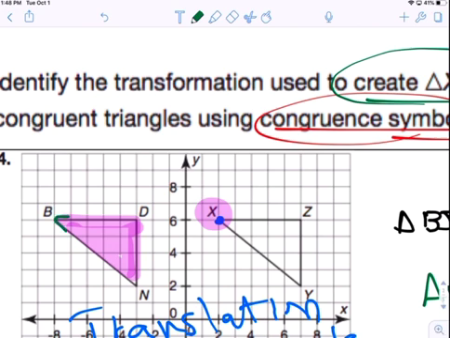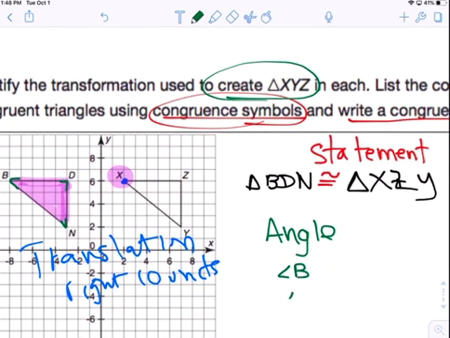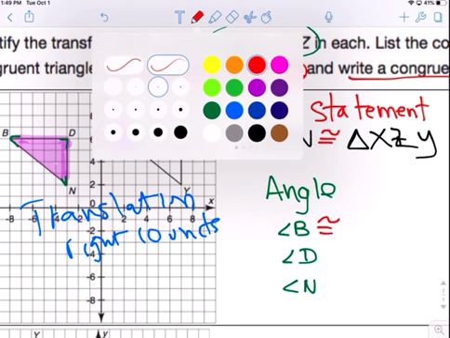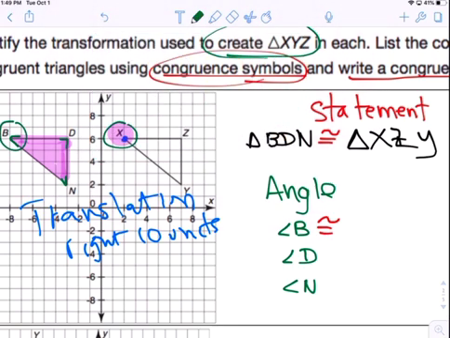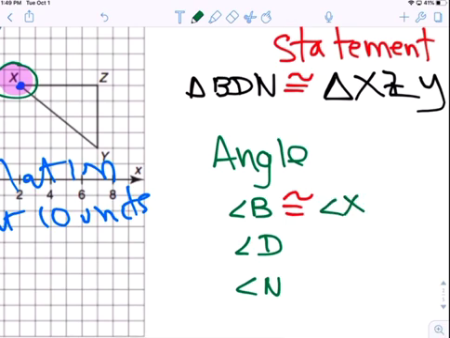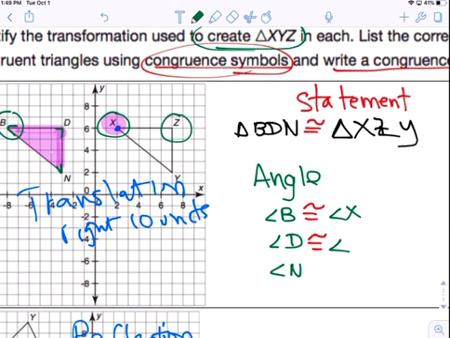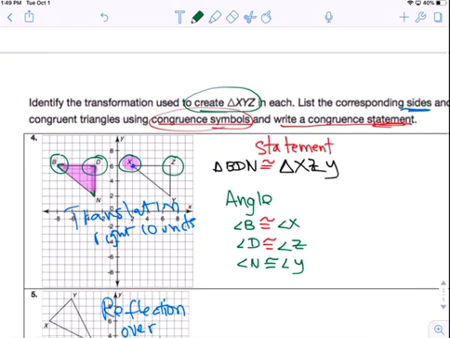First angle is angle B, then angle D, and then angle N. That triangle is congruent to the other one, so angle B is congruent to angle X. Angle D is congruent to angle Z. And the last angle, angle N, is congruent to angle Y.